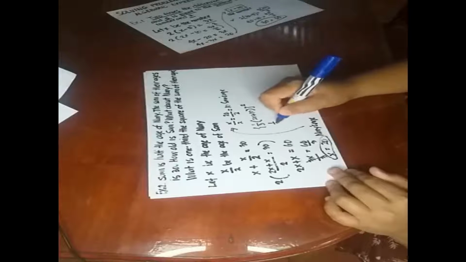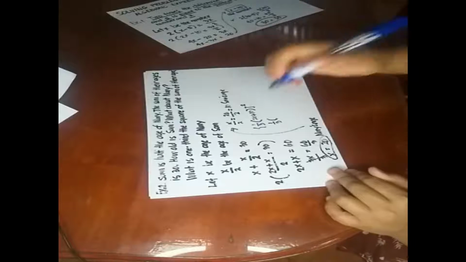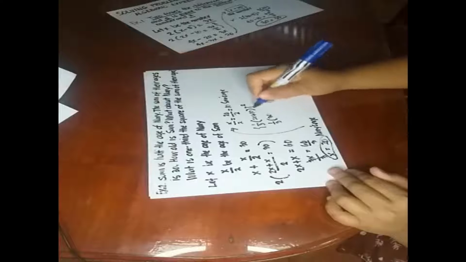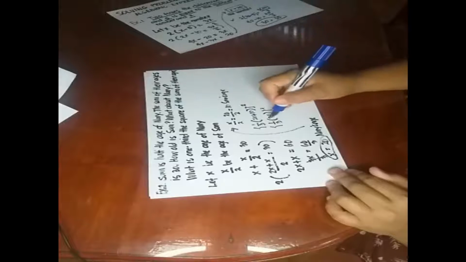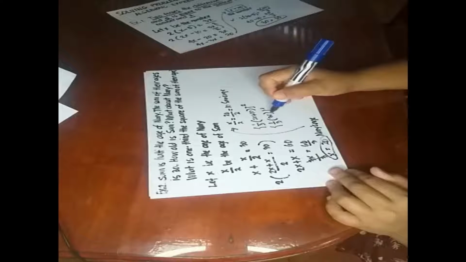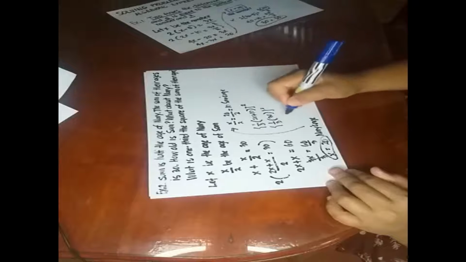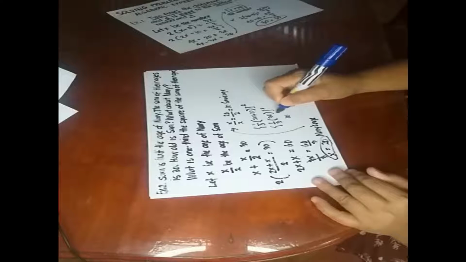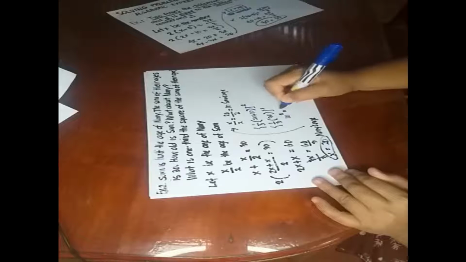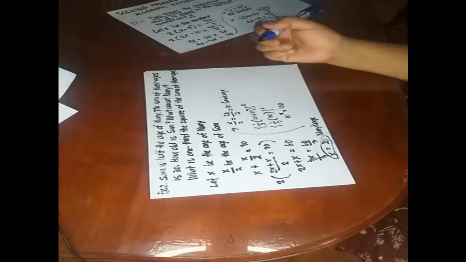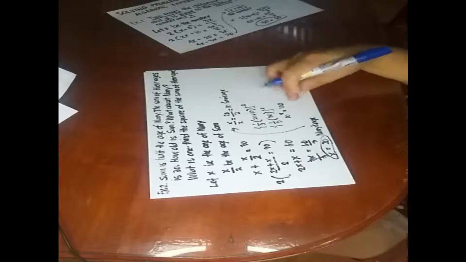So 1/3 of 30 is 10, raised to the power of 2. So 10 times 10 equals 100. So the answer is 100.